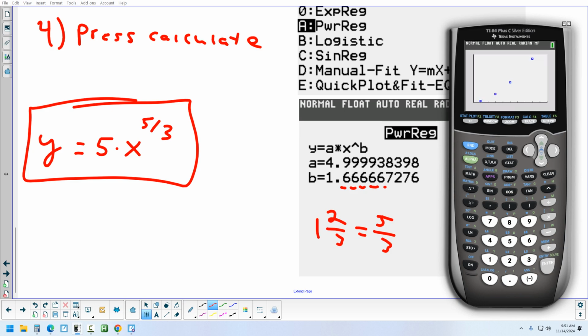Now, I'm going to type in that equation that the calculator found. In theory, that equation should go through those points pretty well. If it doesn't, then that means that equation is not a good fit for the data. Okay, let's look at it and tell me what you think. Does it look like the equation we found is a good fit for that data?